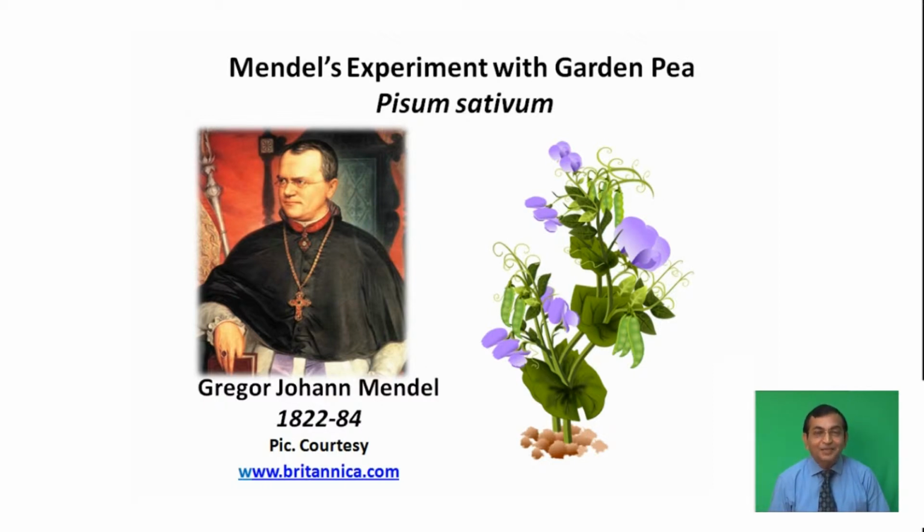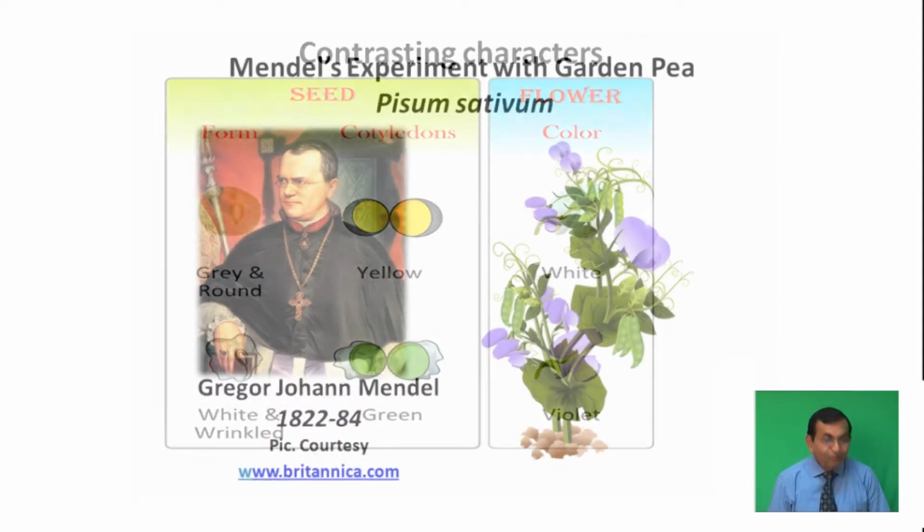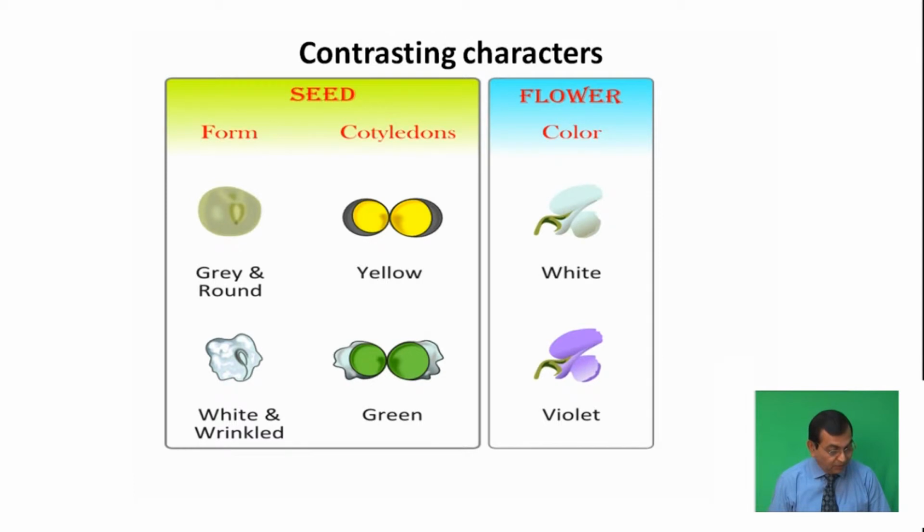It is an ideal material for a breeding experiment. Mendel focused on singular differences between pea strains and selected contrasting characters of the pea plant for his experiment on inheritance.